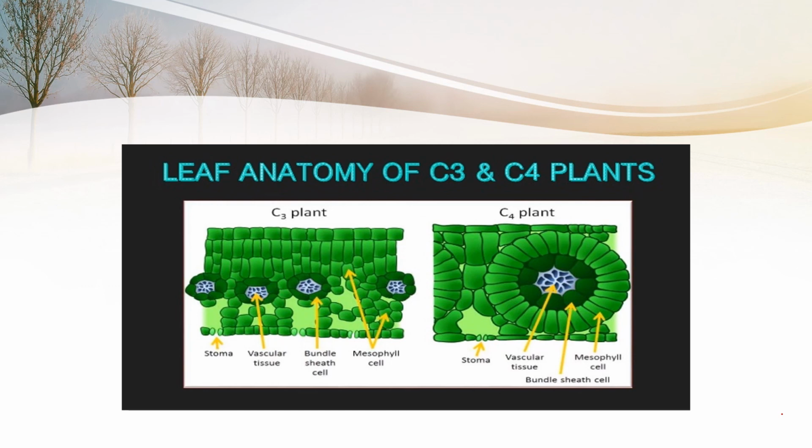The main difference is that in C3 plants the first product is phosphoenol pyruvate, a 3-carbon compound, and in C4 plants the first product is oxaloacetic acid, which is a 4-carbon compound. So it got the name C4 plants or C4 pathway, and C3 plants or C3 pathway.